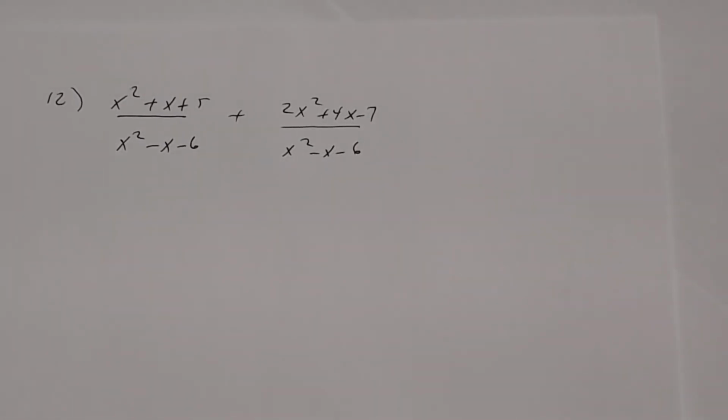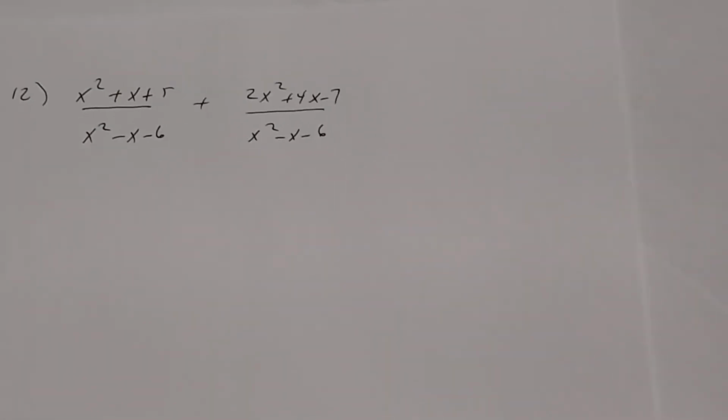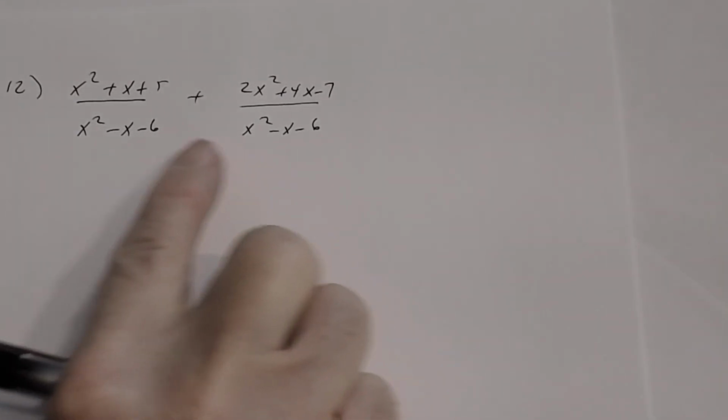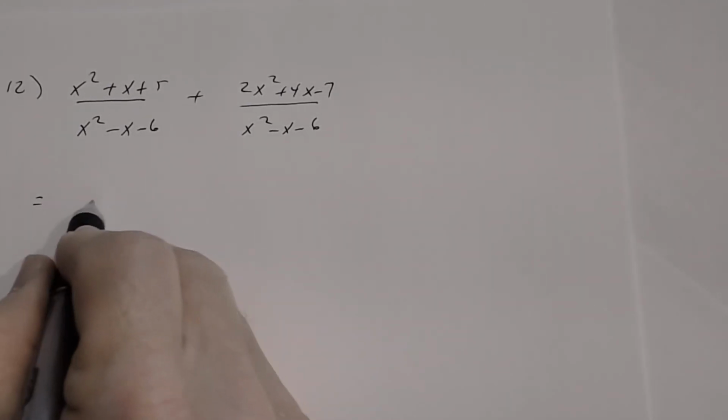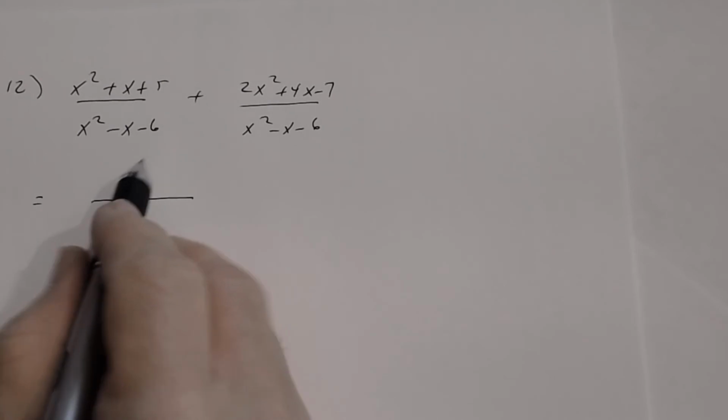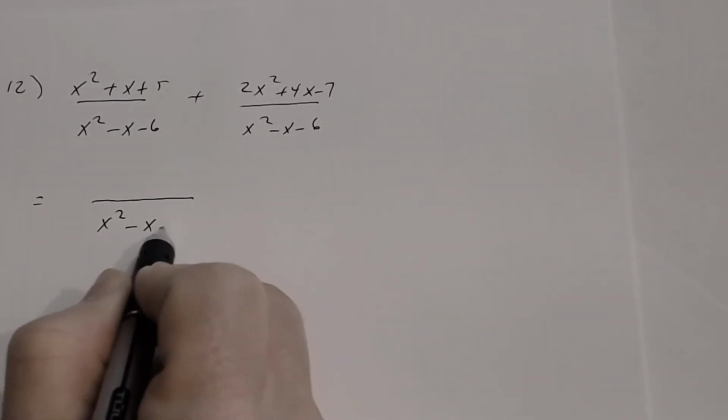All right. Okay, so the next step is to add those two fractions into one since the denominators are the same. So in other words, I'm going to get these two fractions to one fraction with that same denominator, x squared minus x minus 6.